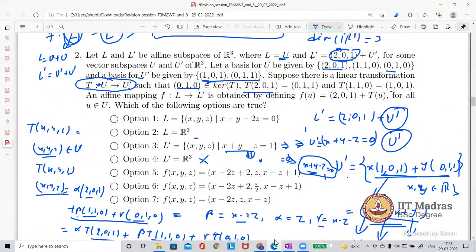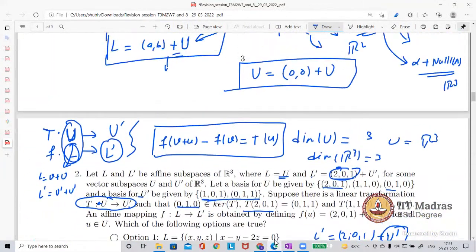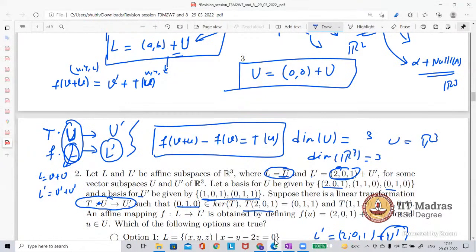Actually, see what is happening here. If you want to decide, there is also the statement that f of v plus u equals v prime plus TU. U is your small xyz, working as a general vector xyz. So what is your V in this L? 0, 0, right?